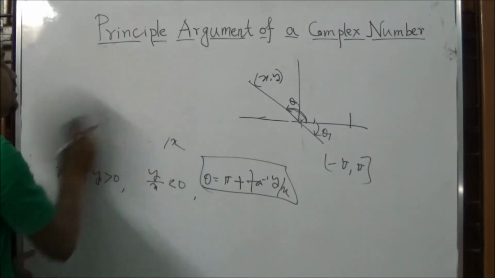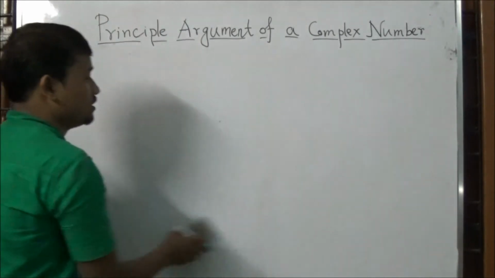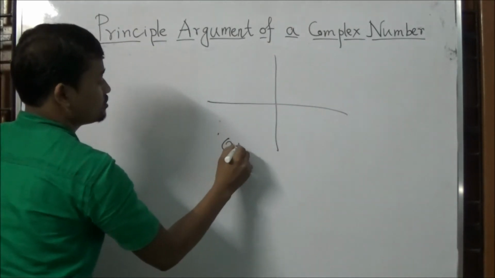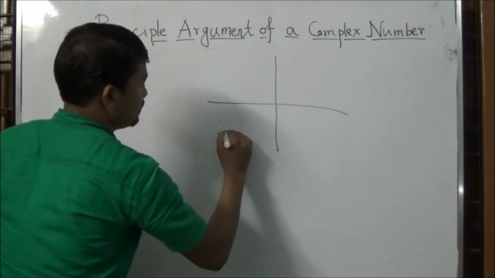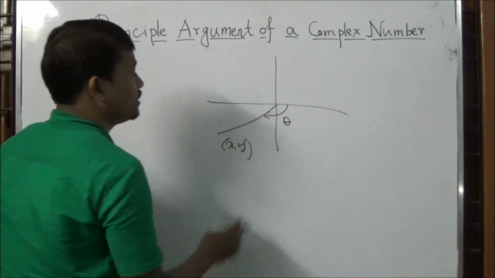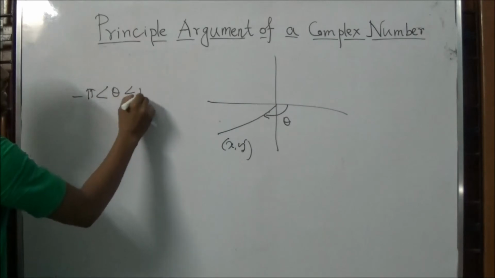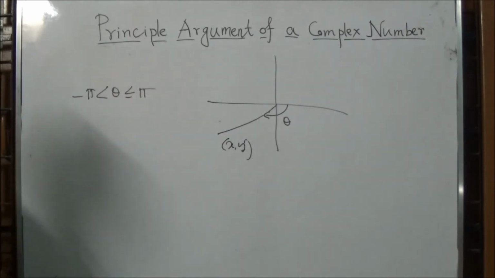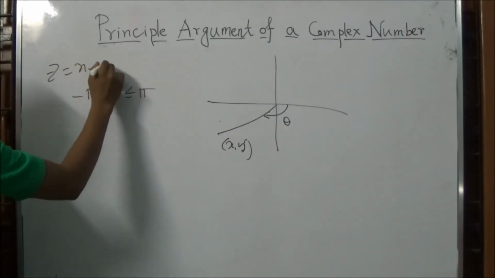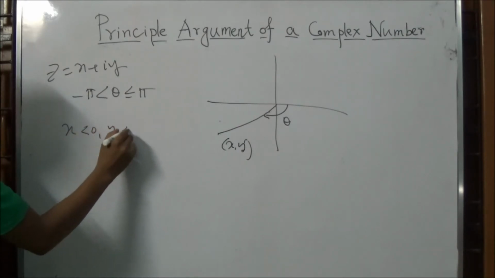So if the point (x, y) lies on the second quadrant, then argument z equal pi plus tan inverse y by x. Now let the point (x, y) lie on the third quadrant. So this is the point (x, y). Let this angle be theta. So here theta satisfies the inequality minus pi less than theta less than or equal to pi, and theta is the principal argument of z equal x plus iota y. Here x is negative, y is negative.